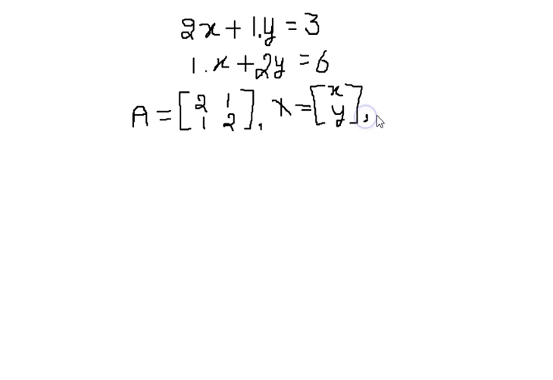Now we are left with the constants given on the right hand side. Say another matrix is B, and I will write B as a matrix whose order will be 2 times 1, that means 2 rows and 1 column.